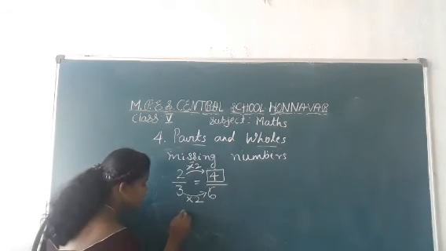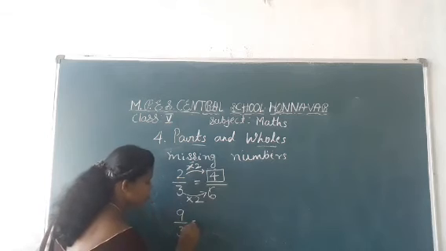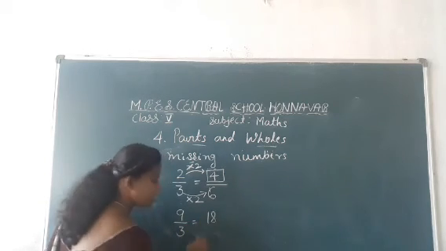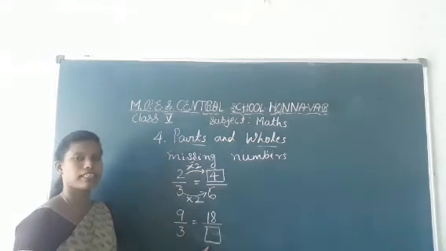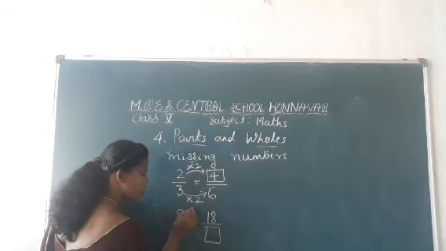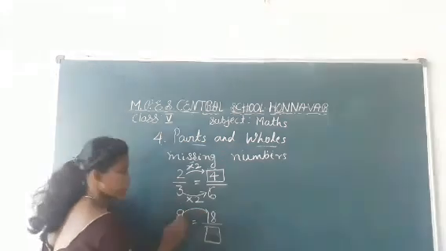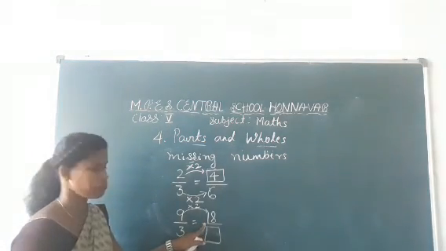Okay. Another example. 9 by 3. Here we get 18. Here we don't know the number. Here we write the missing number. See here. If you multiply 9 into 2, we get 18.